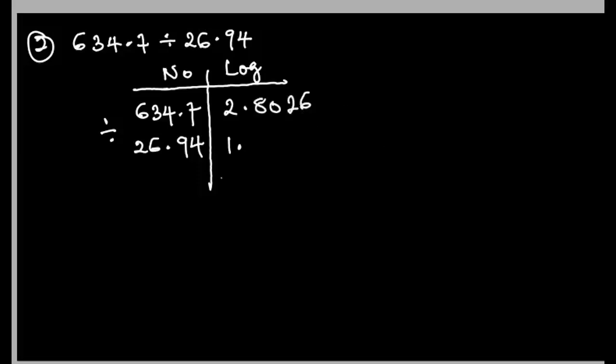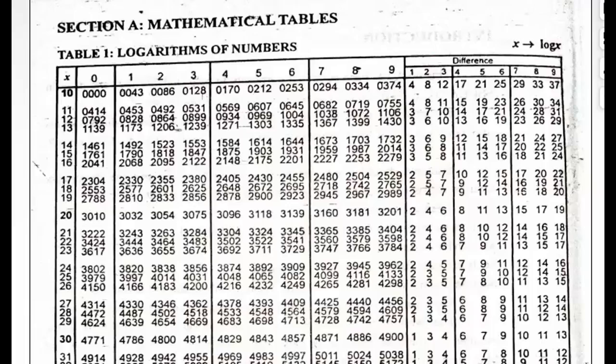And so also let's look for 26 under 9 difference 4. After checking, it's 4. Once you get 26 under 9, whatever thing you have in the difference of 4, you add it.